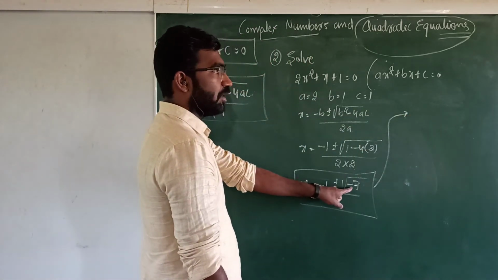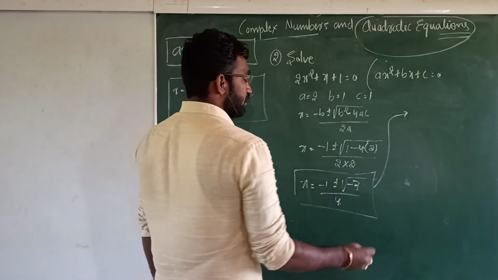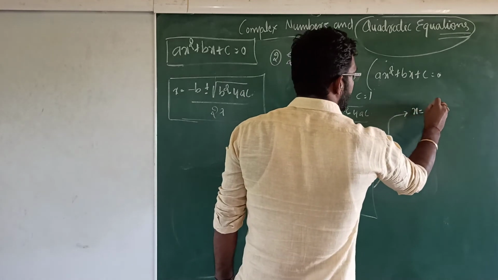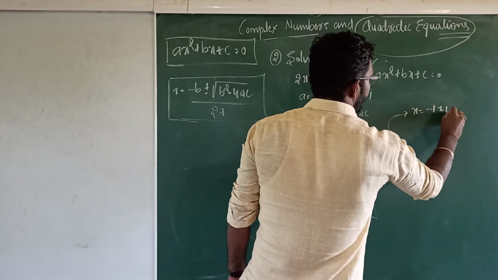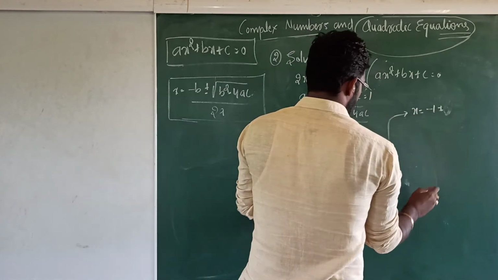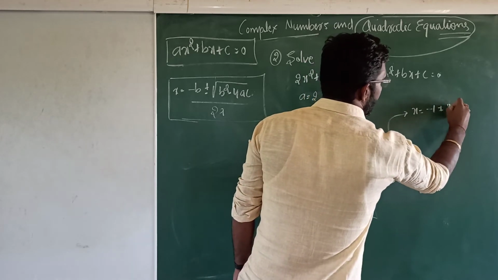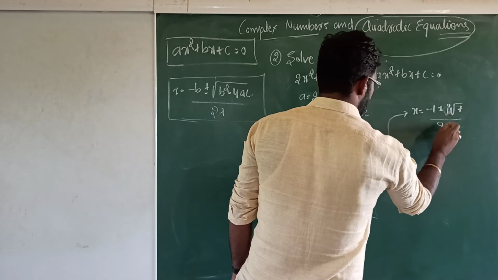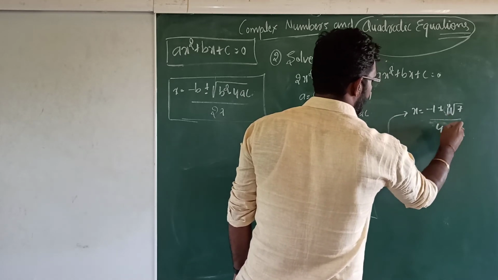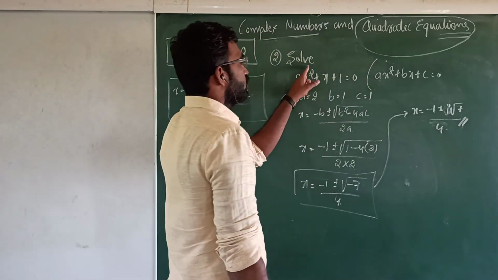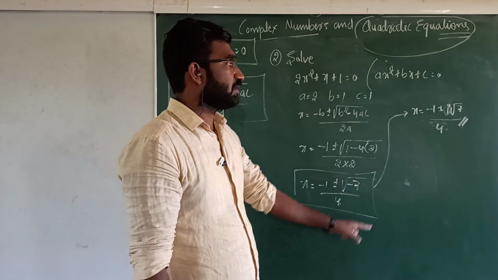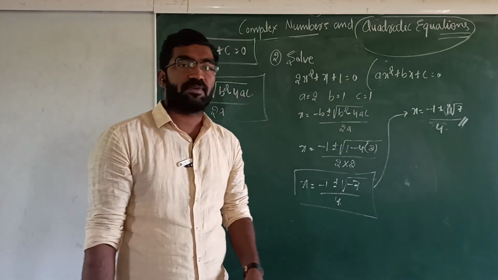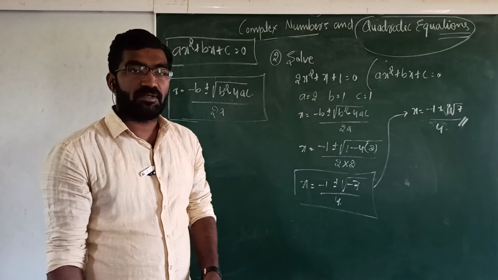If minus comes out of the root, it becomes i. Therefore x = (-1 ± i√7) / 4. This is the solution of this quadratic equation, that is nothing but the root of the quadratic equation. To note it down, just pause the video.